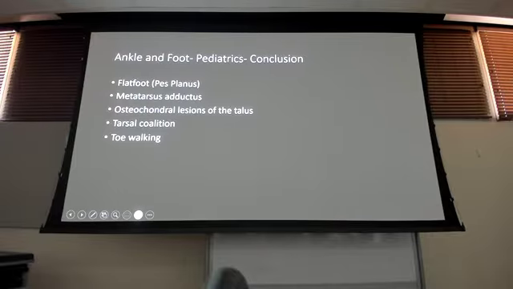And the tarsal coalition, that's 9 to 13 years old, think of the talocalcaneal. For these ones, a CT is better than an MRI, so that's something we always want to think about. Then if they're 13 to 16, we want to look at a calcaneonavicular coalition.